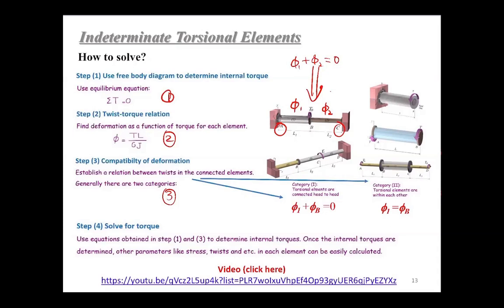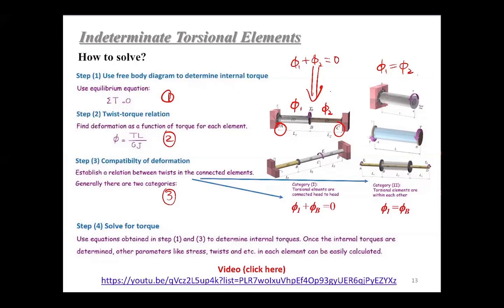They are either bonded together perfectly, or connected using rigid plates at the end. Then we can assume that they will always rotate together. Meaning they will always have the same angle of twist. So phi 1 equals phi 2.